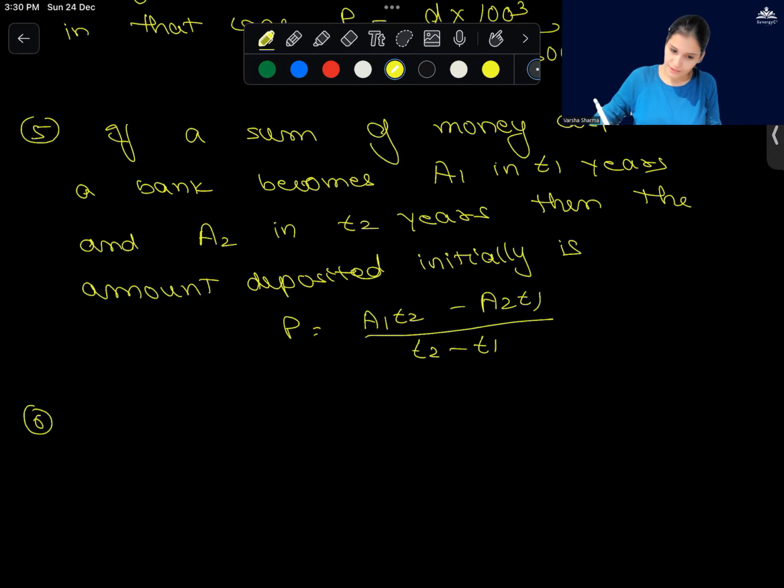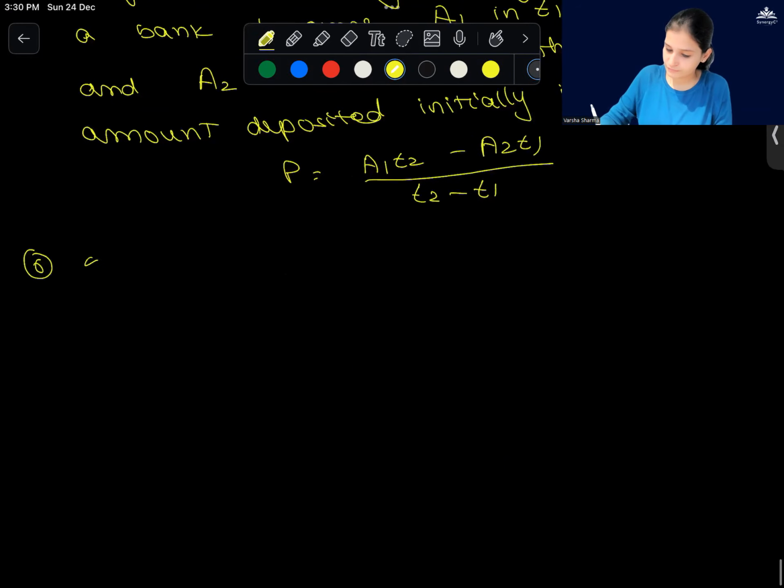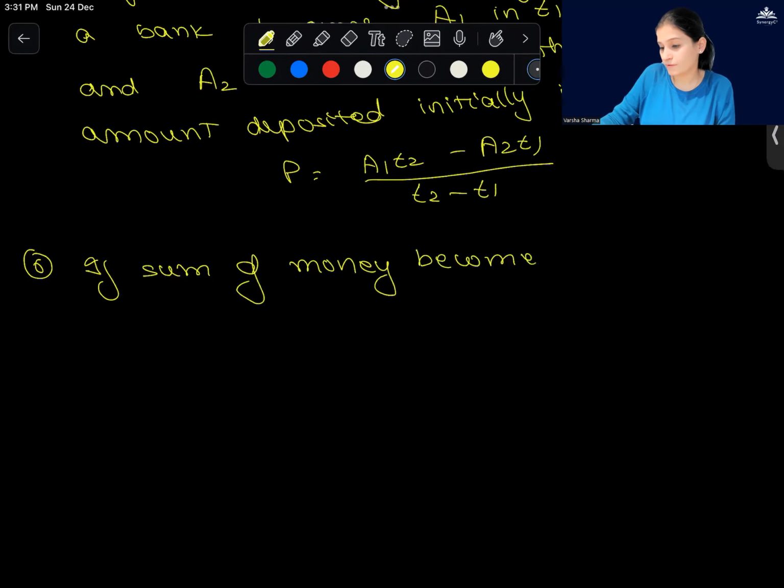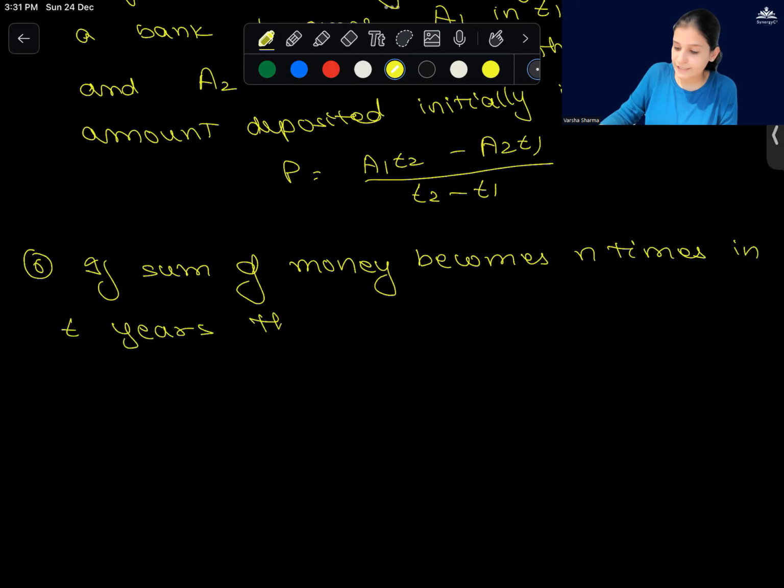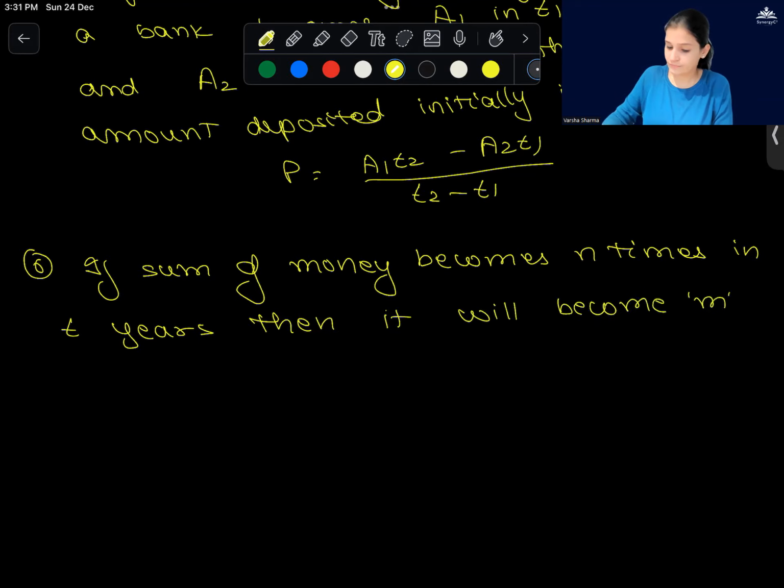Sixth, if a sum of money becomes n times in T years, then it will become m times in (m minus 1) upon (n minus 1) into T years.